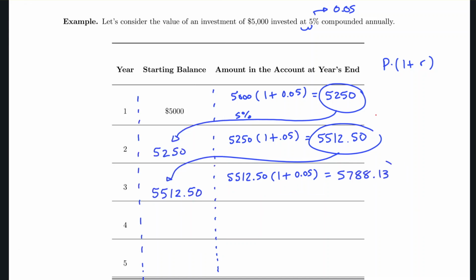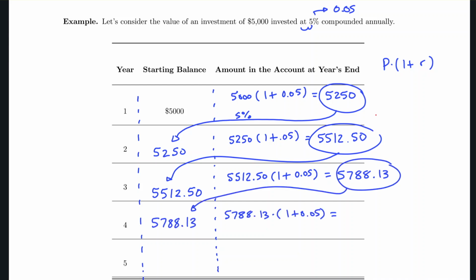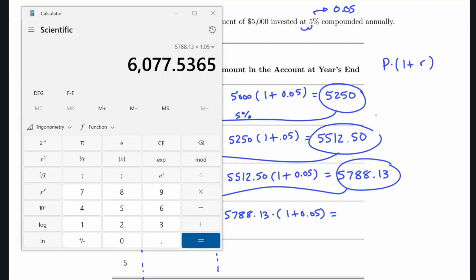And now this new value becomes what we get 5% interest on. Type this into our calculator, and we get $6,077.53. When I round to 2 decimal places, this 6 or greater will round this up to a 4.